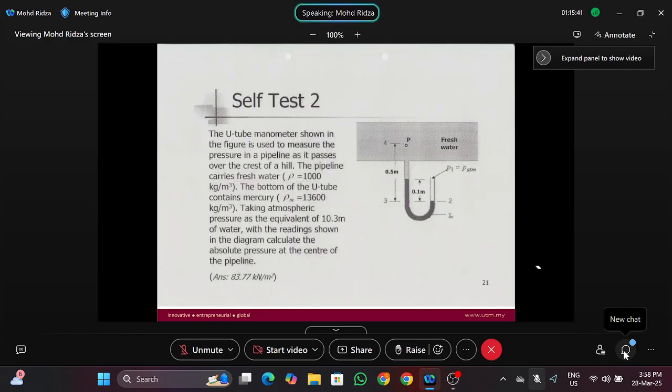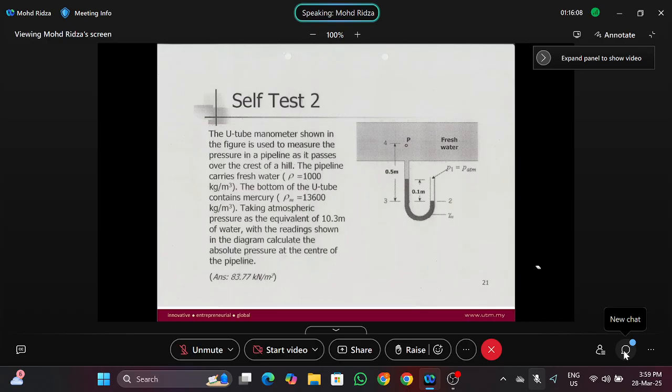This is a self-test. I'll give you 10 minutes. We can take a break while doing the example. I'll give you 10 or 15 minutes to figure this question out.